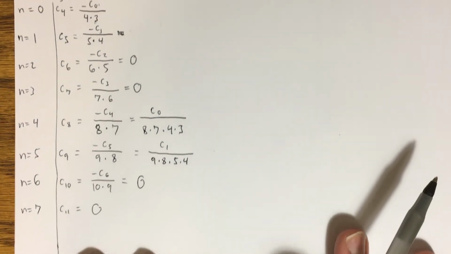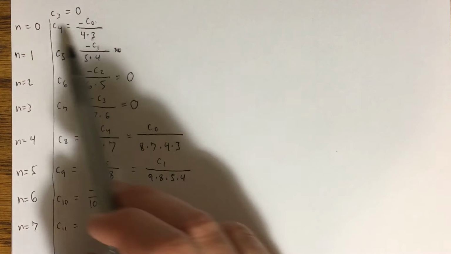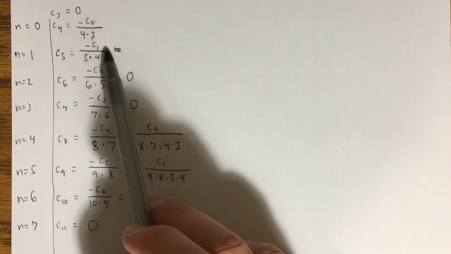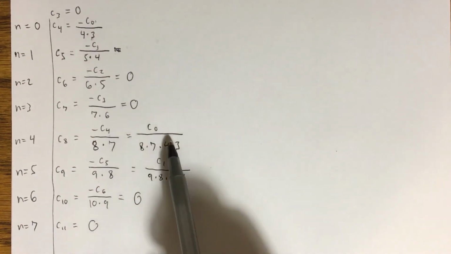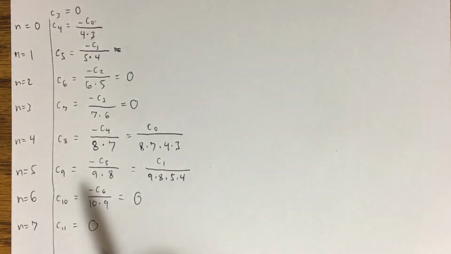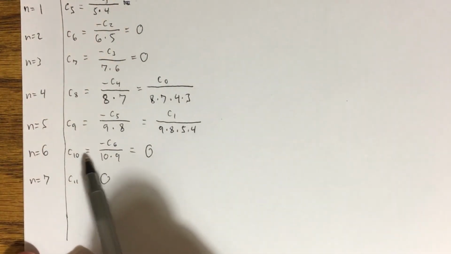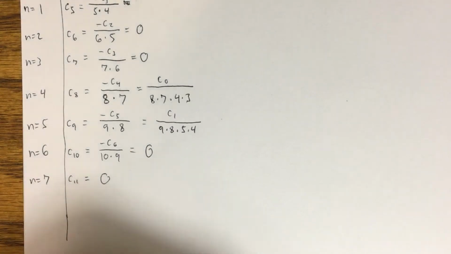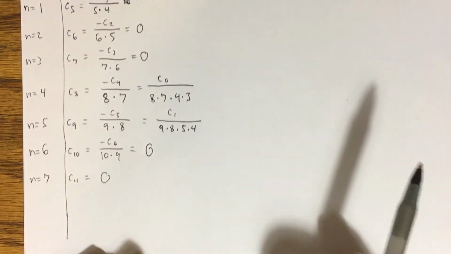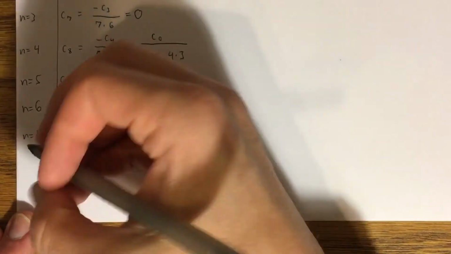So one pattern you should see emerging is that starting from C4, we have 2 non-zero terms followed by 2 zeros, followed by 2 non-zero terms, followed by 2 zeros. If we let that pattern continue, every time we encounter those 2 zero terms, we can just automatically say equals 0 instead of going back to our recurrence relation.